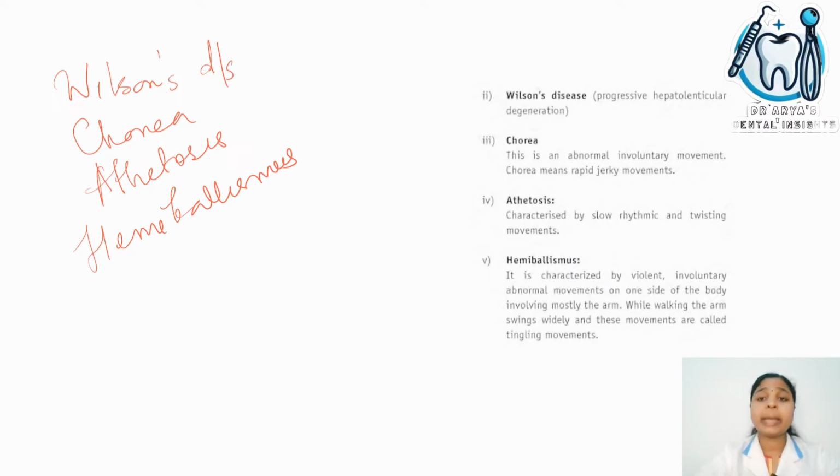It is progressive hepatolenticular degeneration. Chorea is an abnormal involuntary movement or rapid jerky movements. Athetosis, slow rhythmic and twisting movements. And hemibalismus, violent involuntary abnormal movements on one side of the body involving mostly the arm. While walking, the arm swings widely, and these movements are called tingling movements.